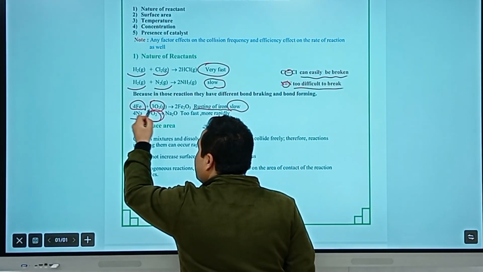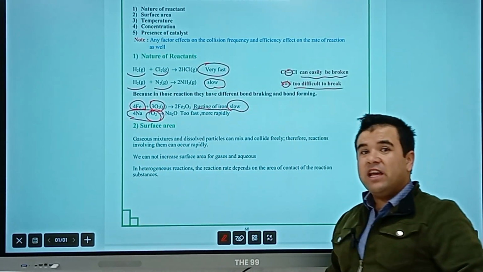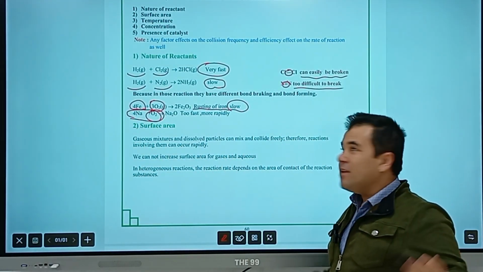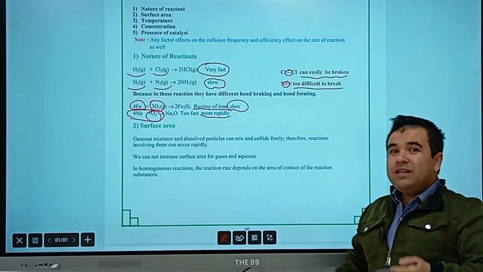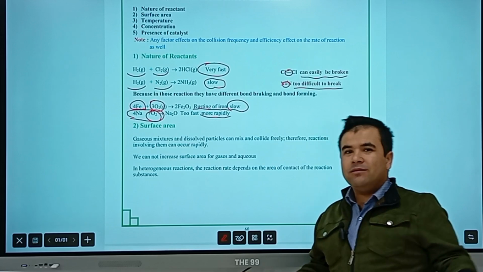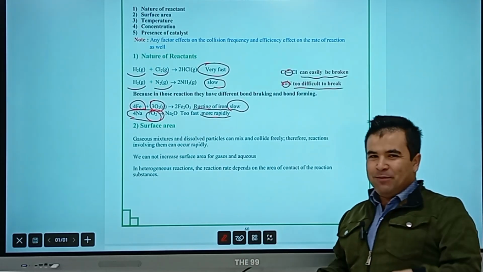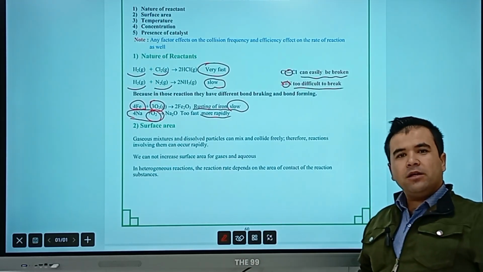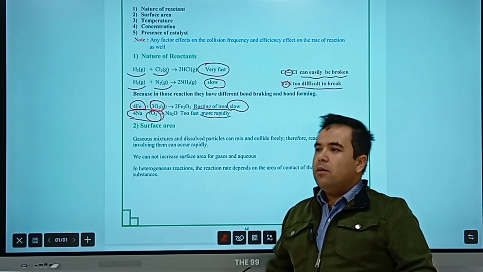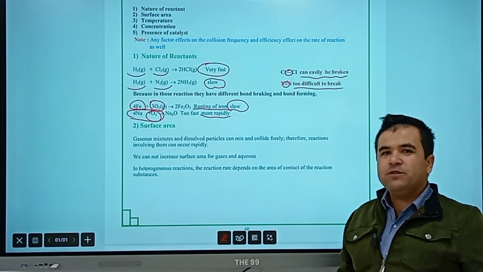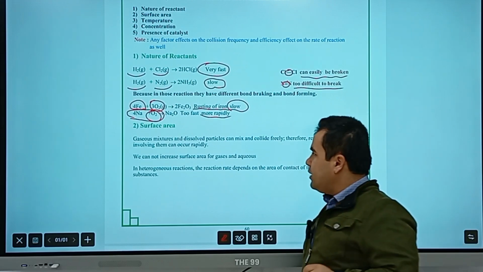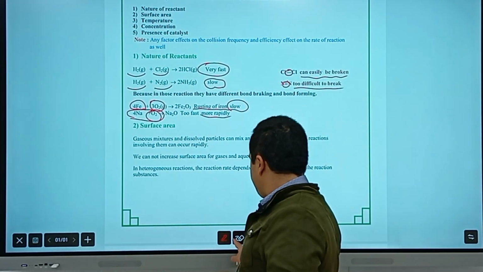But oxygen reacts with group 1 elements like sodium vigorously, in a more rapid mechanism. The reason is the nature of those chemicals. Oxygen has a high tendency to react with sodium, but a low tendency to react with iron. This is the first factor, which refers to the nature of the reactants.